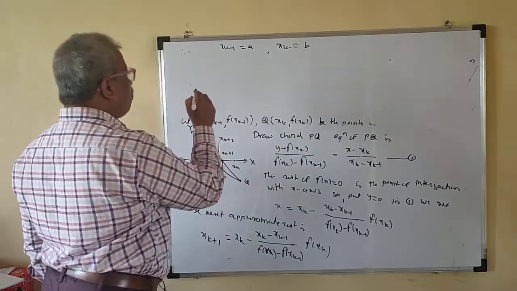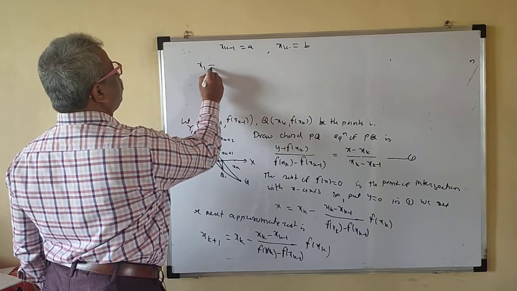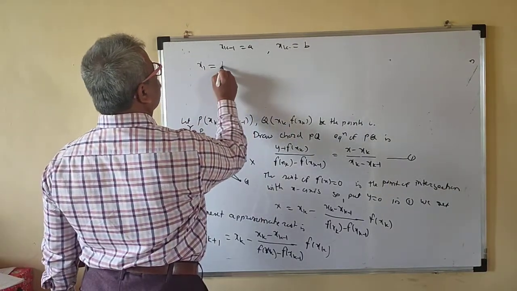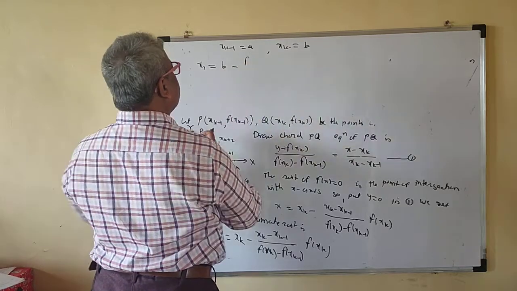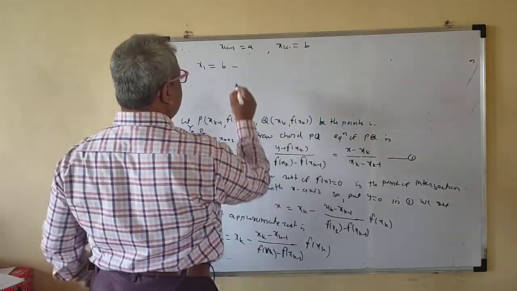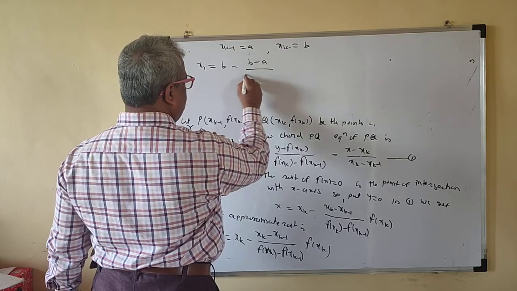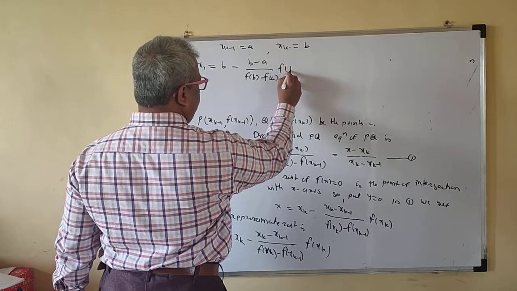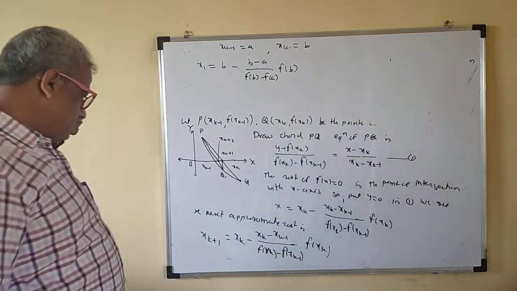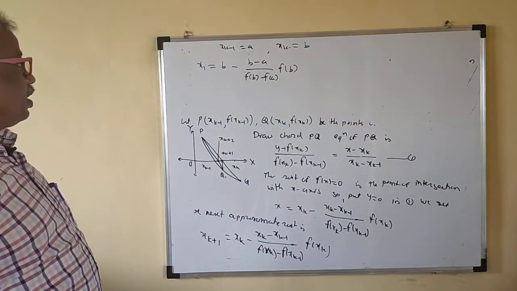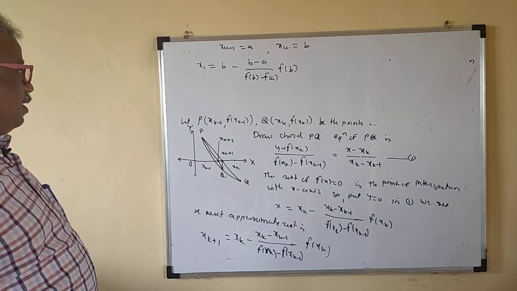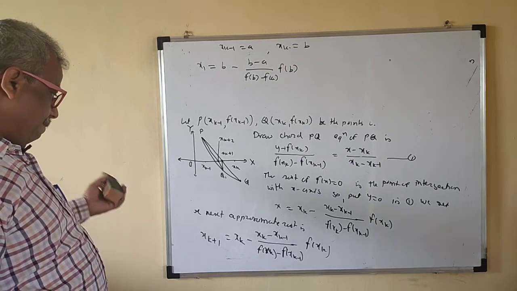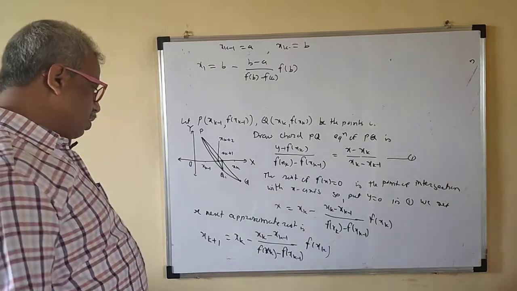Then the formula for the next approximate root x1 is x1 = b minus (b minus a) upon (f(b) minus f(a)) times f(b). Okay, so this is your formula now.